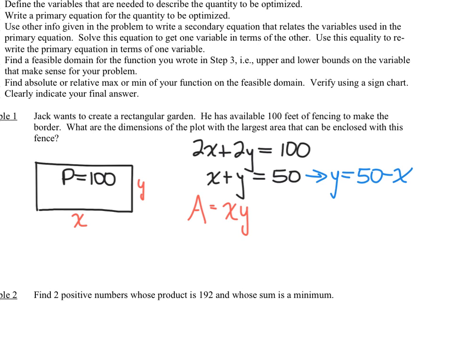Y is equal to 50 minus x, or you could say x is equal to 50 minus y, either way. All right, but that allows you to make a substitution. And so our area could be represented as x times 50 minus x. For convenience, we would say 50x minus x squared.